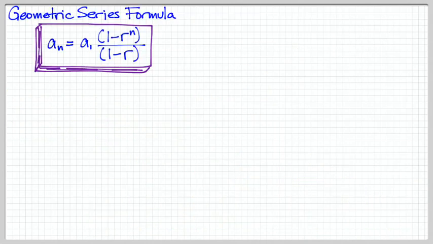So we can create a general formula in this form. I need to correct this. The sum of n terms of a geometric series is equal to the first term times 1 minus r to the nth power divided by 1 minus r.